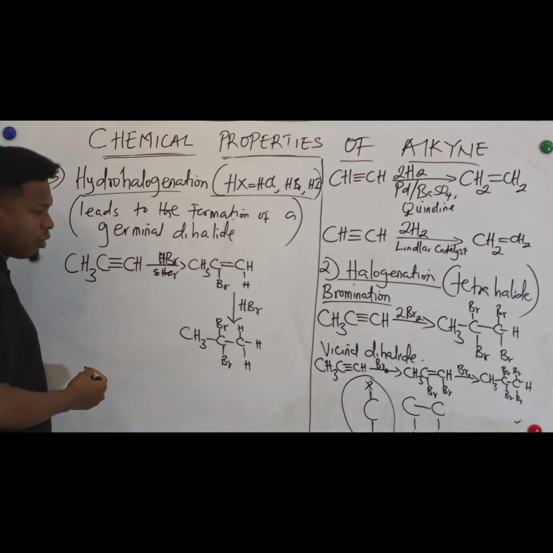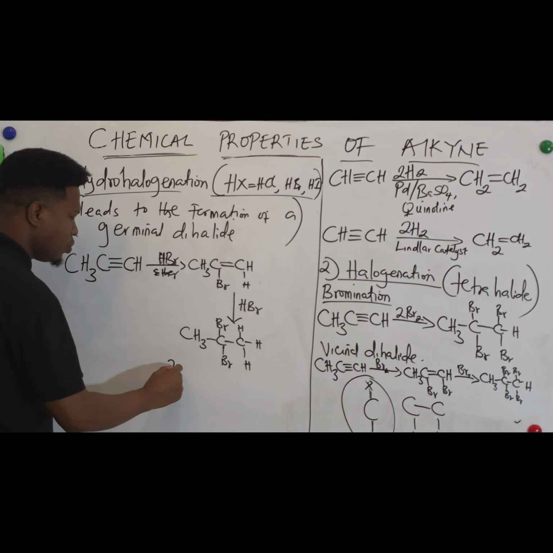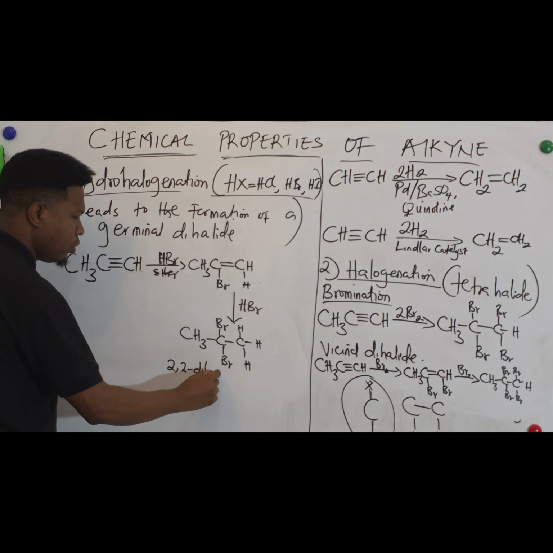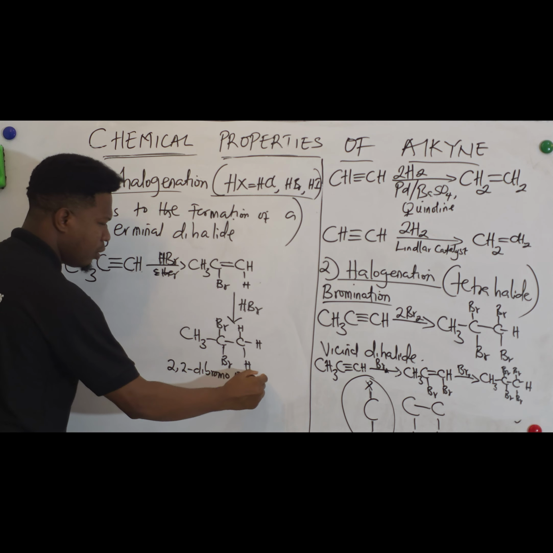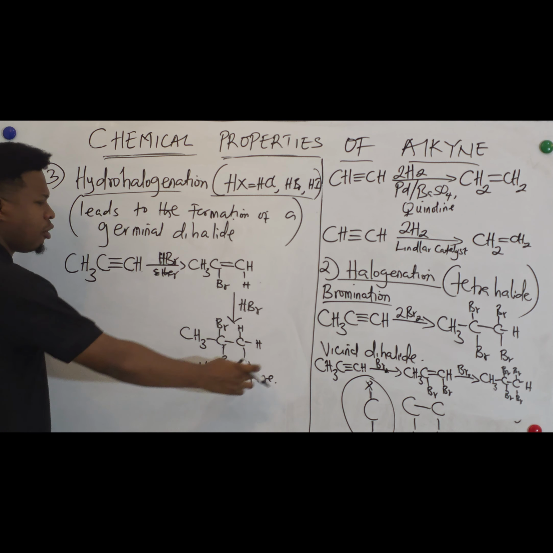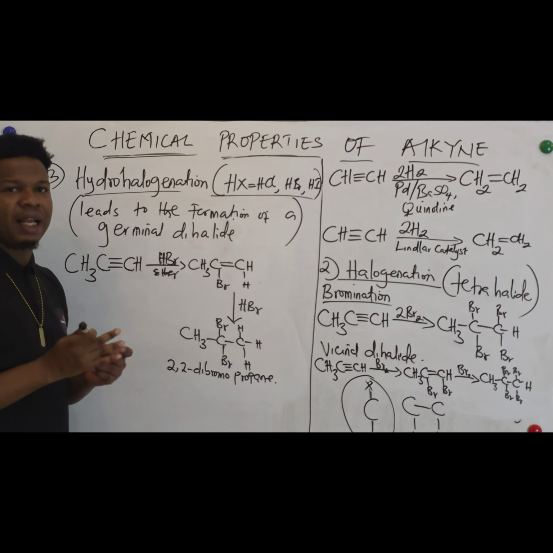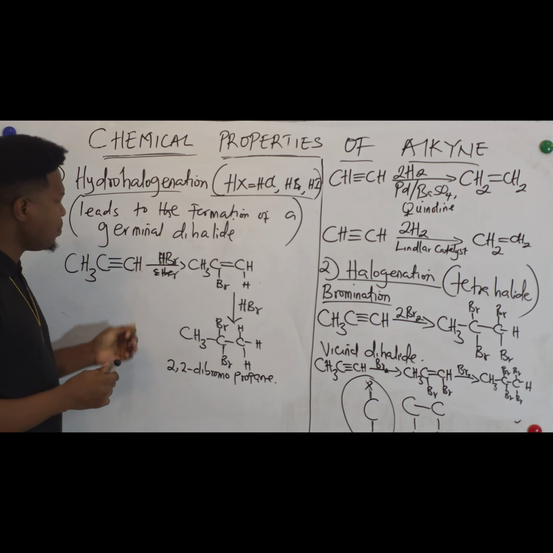But the IUPAC name for this compound is, you can say, 2,2-dibromopropane. But generally we call this kind of compound a geminal dihalide. So this is simply what happens.